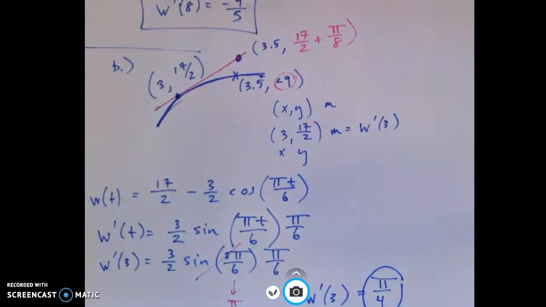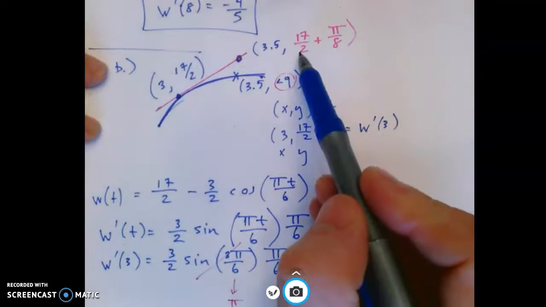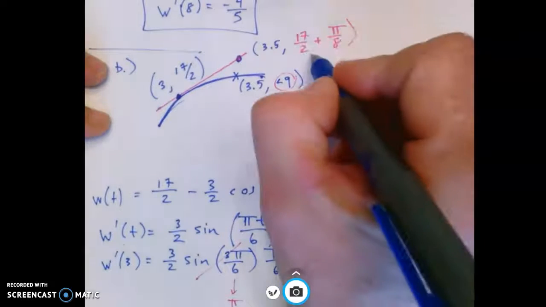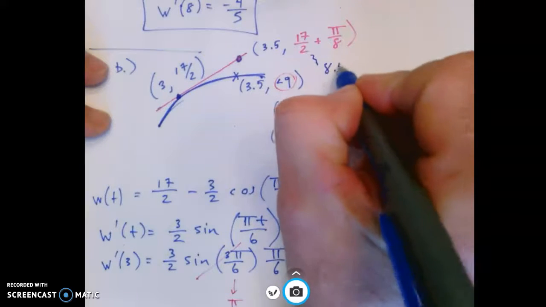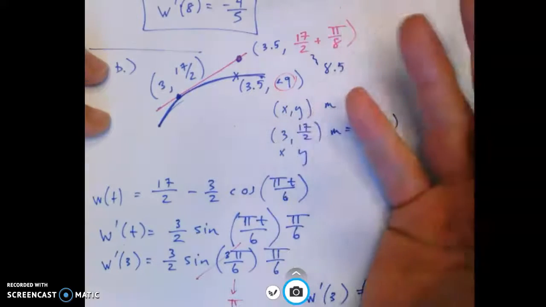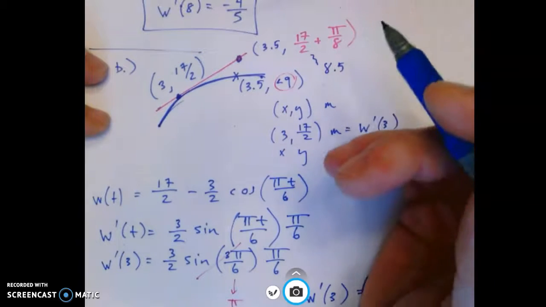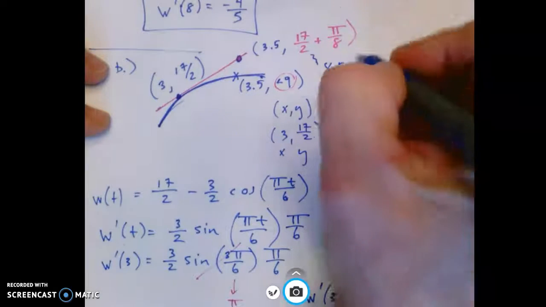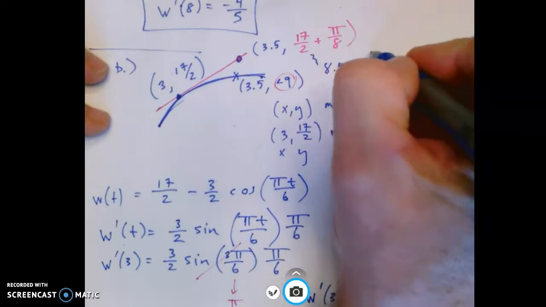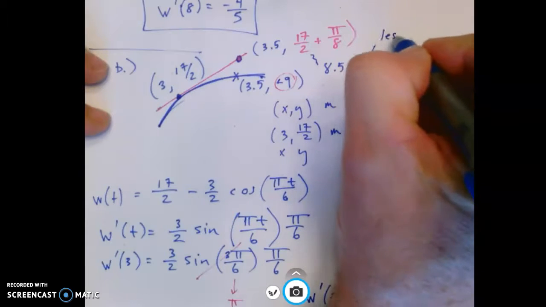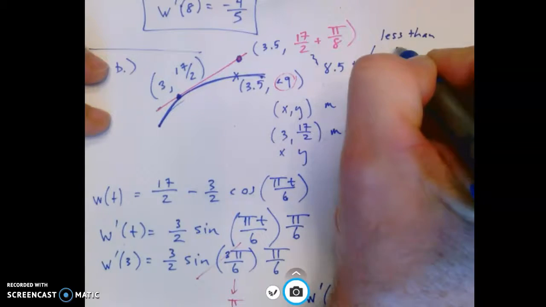So I'll give you some time to look at that and see why that makes sense or why it doesn't make sense. So did it make sense to you? 17 halves is 8.5. Pi over 8, I don't know what that number is, but I know that pi is not greater than 4. Therefore, I know that this is less than 1/2.